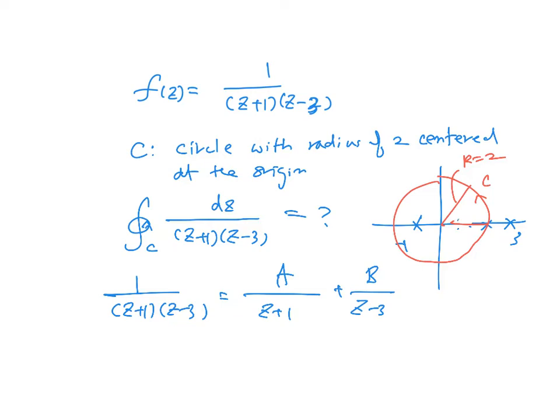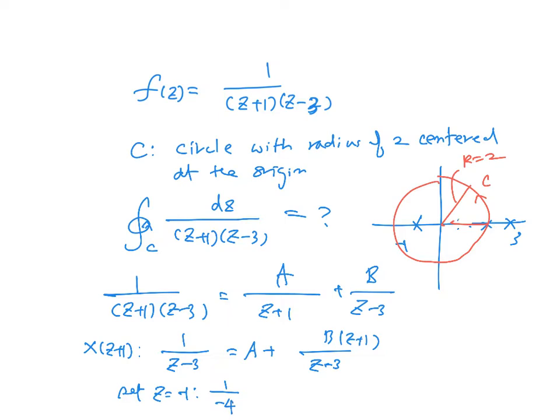In order to make b disappear, we multiply z plus 1 everywhere. You have 1 over (z minus 3) equal to a plus b(z plus 1) over (z minus 3), and you set z equal to minus 1. Then minus 1 over 4 is a, right?